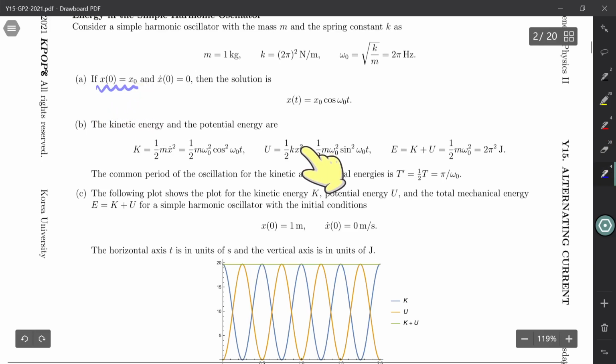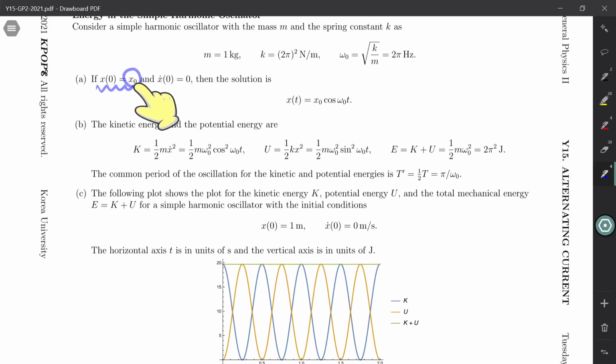Initial condition: at t equals 0, the position is x0 and velocity is 0.